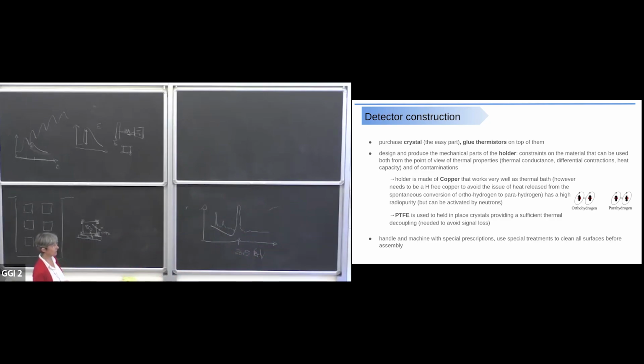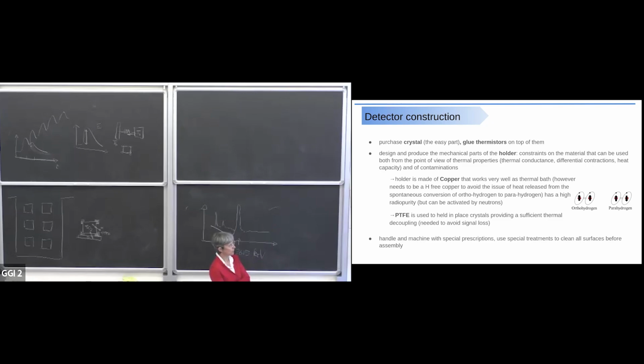The reason is that even if copper with a low content of hydrogen does exist, we were and we are still worried by adding too much copper inside the refrigerator. And so the mass that is needed to shield the detector is very high, and we decided to rely on lead.